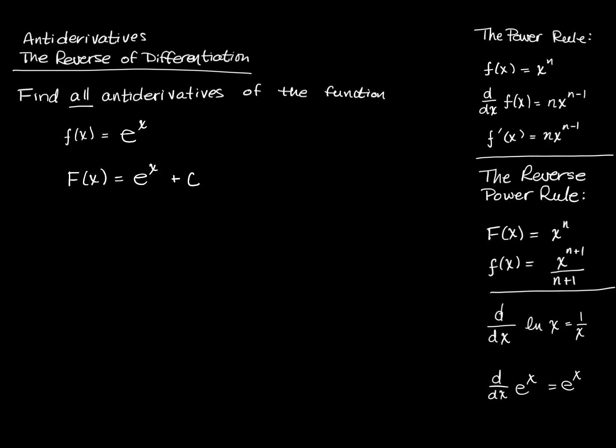So an antiderivative of little f is e to the x, but the general antiderivative of little f is e to the x plus c. Differentiate that, and you get e to the x plus 0. So this is the correct general antiderivative of e to the x.